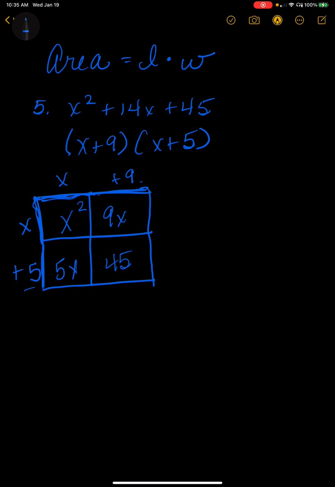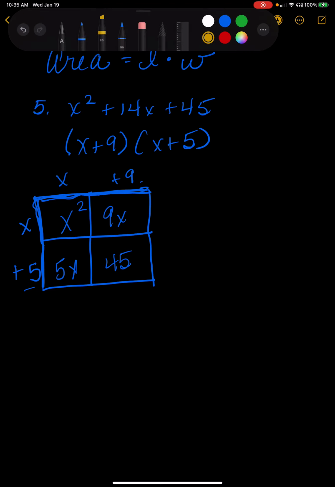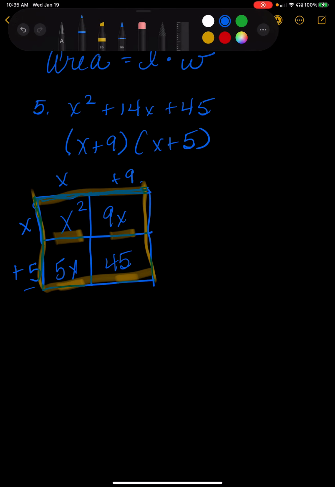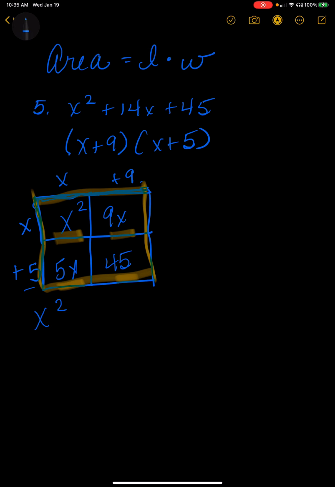Now we can bring all of our pieces of area out, so the area of each individual square, and add them together to find out what the area of the entire square is. So we have x squared plus 9x plus 5x plus 45.